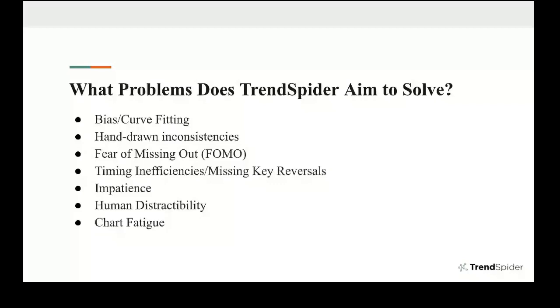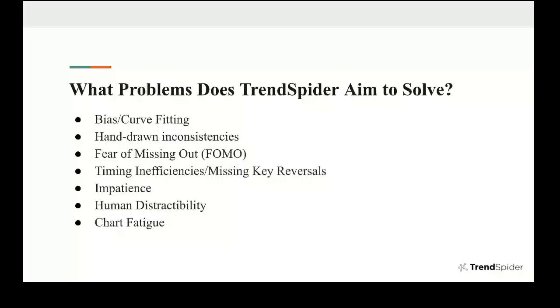What I like to do a lot of the time with the platform is draw my own trend lines, but then overlay our automated lines on top of mine to see if there's any lines that I may have missed, or if there's an obvious wedge or a triangle that I just completely missed because I was too focused on having a bias on the chart. That really falls into not only biases, but hand-drawn inconsistencies as well.